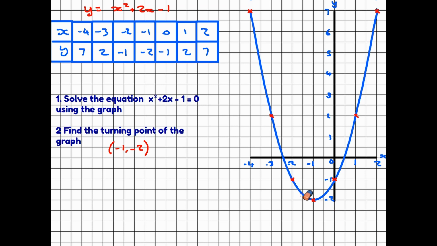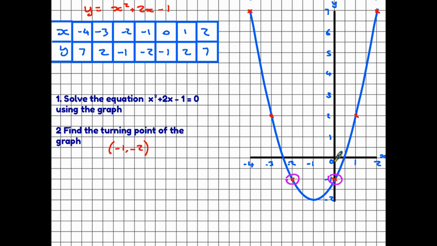So just for this purpose, let us imagine that we don't have a coordinate at the bottom there. It's not quite so easy now to see exactly where that point might be. The way we find it is we use these 2 points either side. We could use this one and this one, but we do need a corresponding pair.